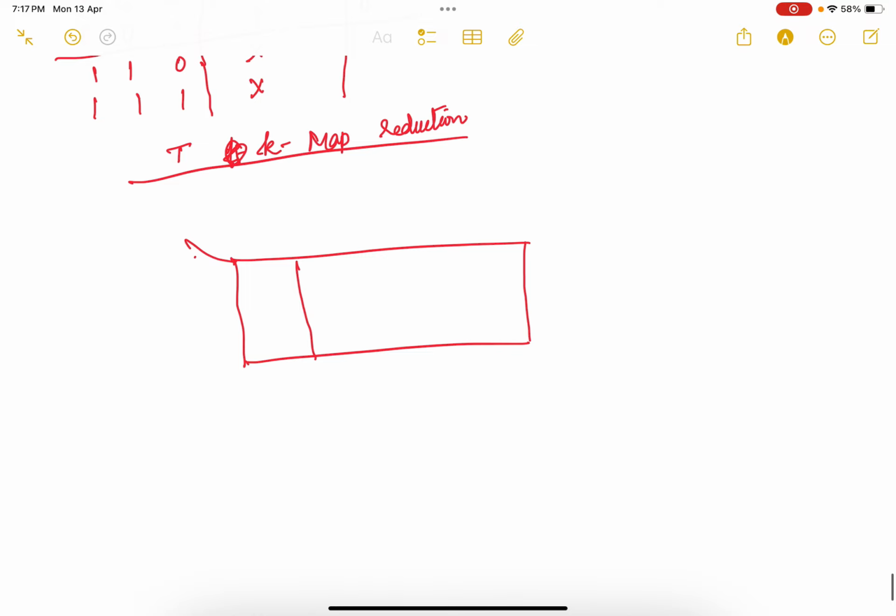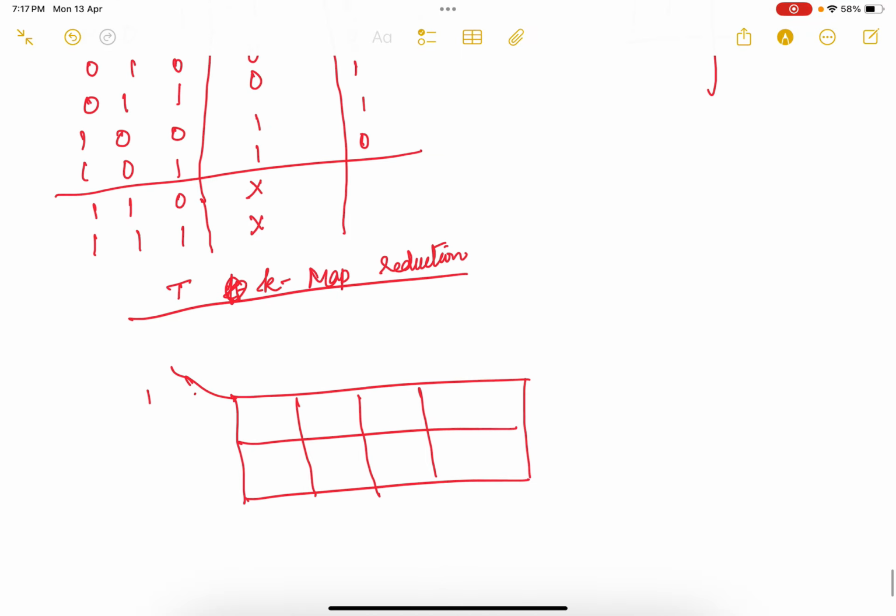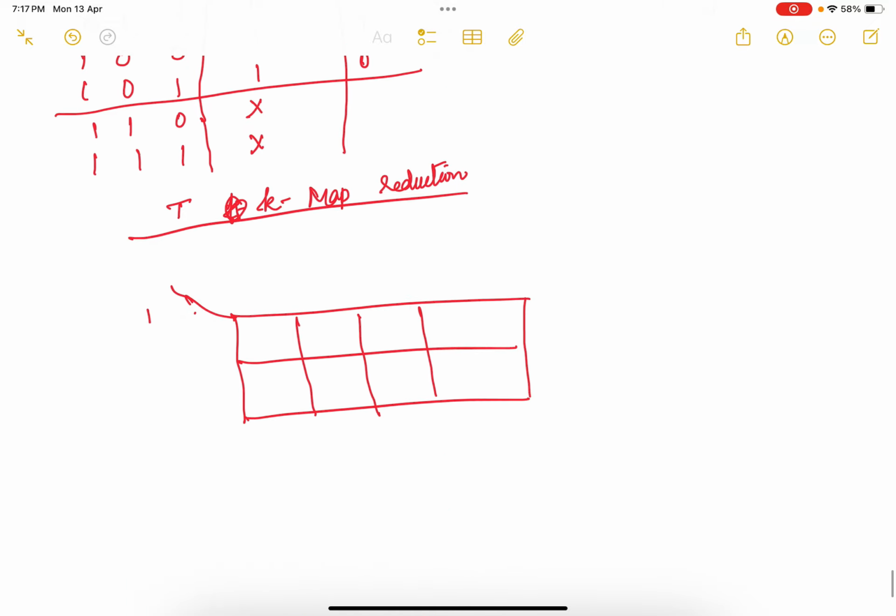So one of the inputs is S and R, another input is Qn. So Qn, S and R: 0 0, 0 1, 1 1 and 1 0.